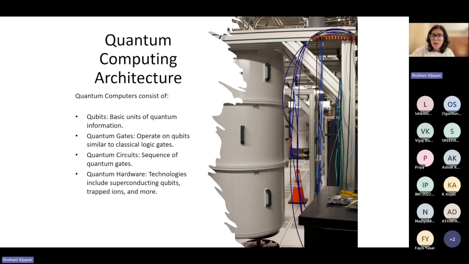Over here, instead, you have gates like the Hadamard gate, really fancy name. These gates put together form a quantum circuit. These circuits put together form quantum hardware, which is kept inside that structure right there. I hope that gives you an idea of the hardware, the structure of a quantum computer, so you can visualize it a bit better.